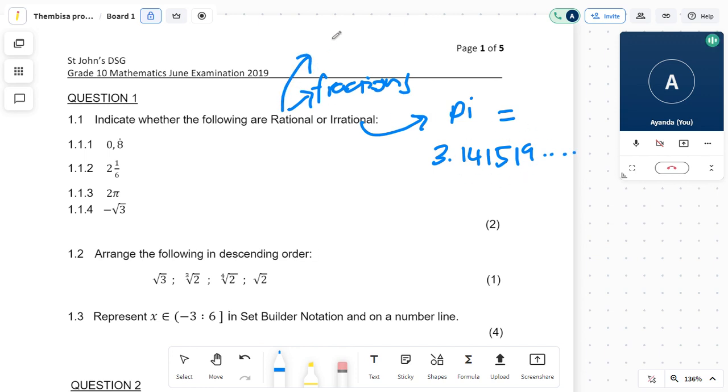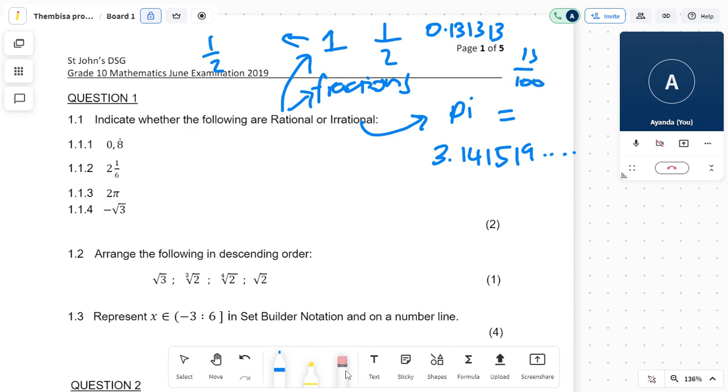Whereas rational numbers are whole numbers like 1, fractions like 1 over 2, numbers that have recurring decimals like 0.131313, etc. So all of these numbers can be rewritten as a fraction. 1 can be written as a fraction, that's just 1 over 1. 1 over 2 is already a fraction. 0.13 as a fraction can be written as 13 over 100, right?